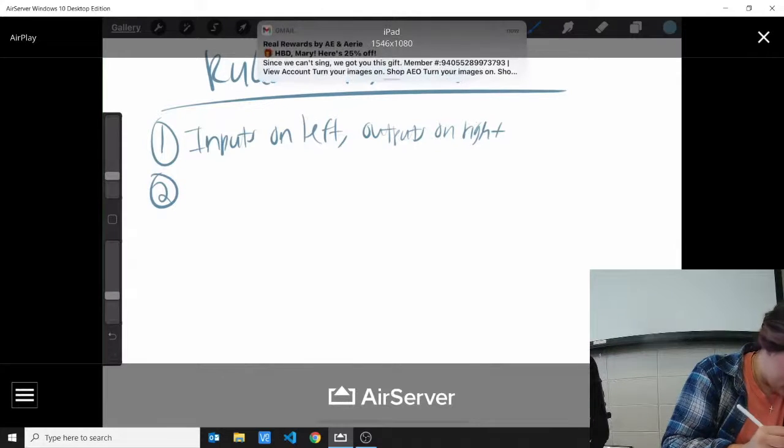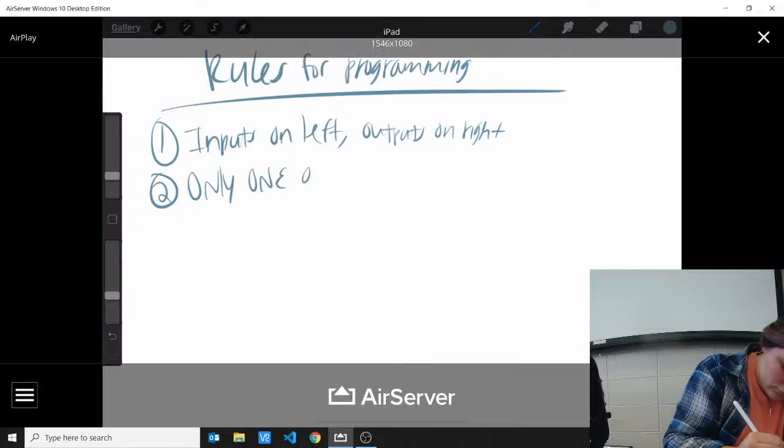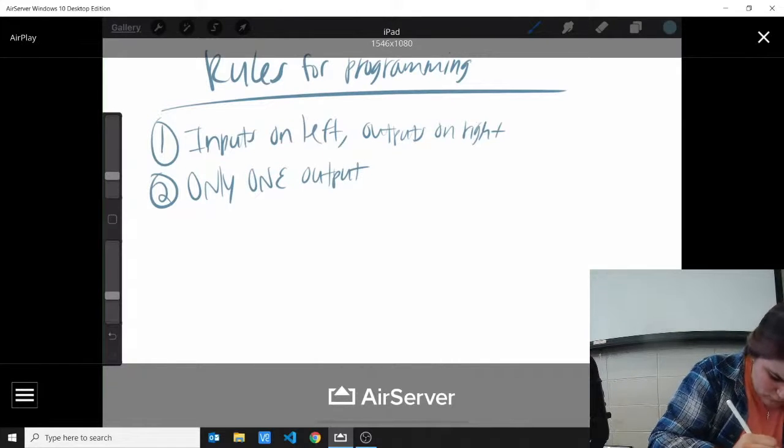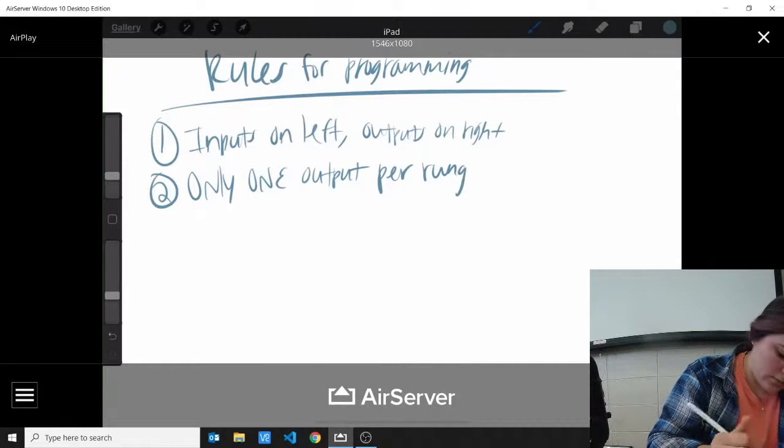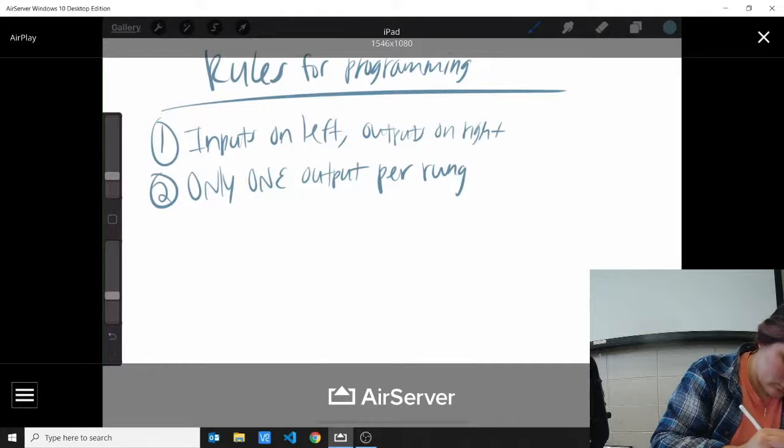Rule number 2, only one output per rung. Outputs can be in parallel but never series.